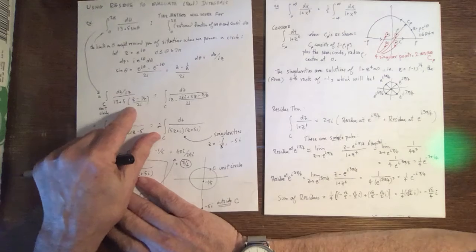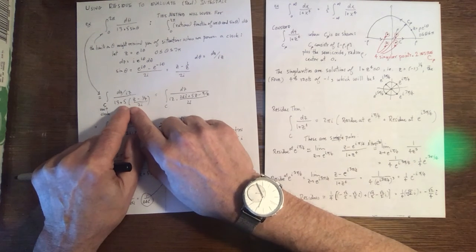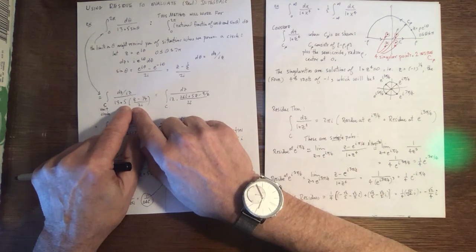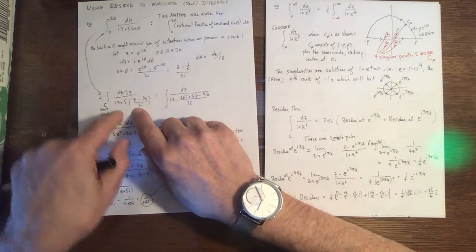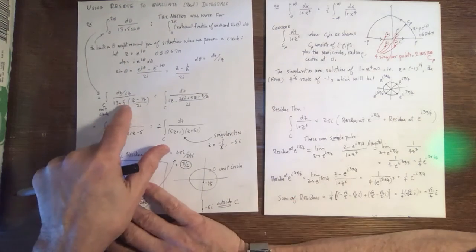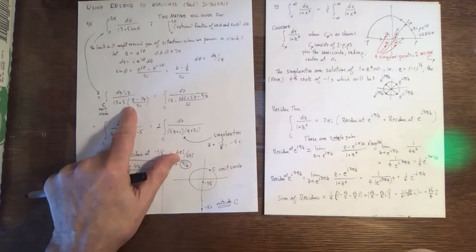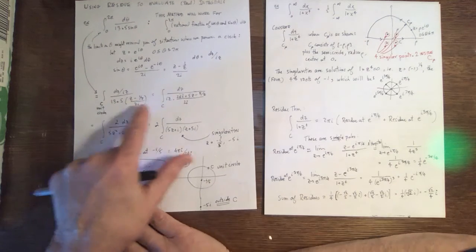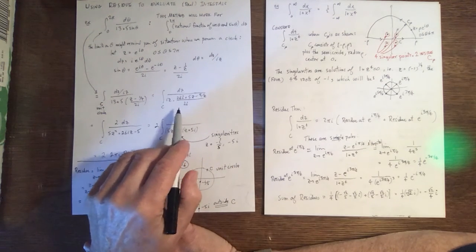It's almost like I'm going backwards. If I started from here and I said do this line integral, you would say, well, let's parameterize z by e to the i theta, and if you went through the manipulations, you get back to this. I'm going the other way. Why? Well, because here, after a little simplification, I can use the residue theorem. So basically, what do I do here?